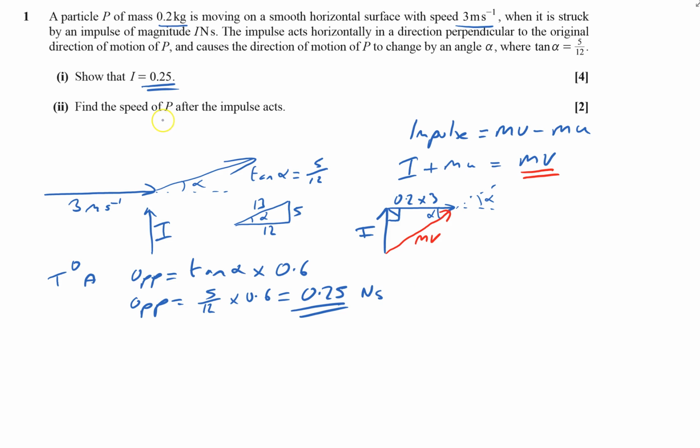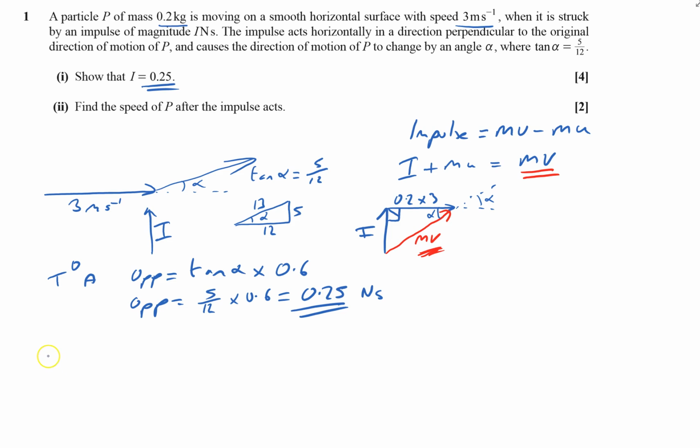And I've got to find the speed of P after the impulse acts. Well, that's pretty much just given here, because if I work out the length here, then that will be mv, and all I have to do is divide by 0.2 to get the velocity.